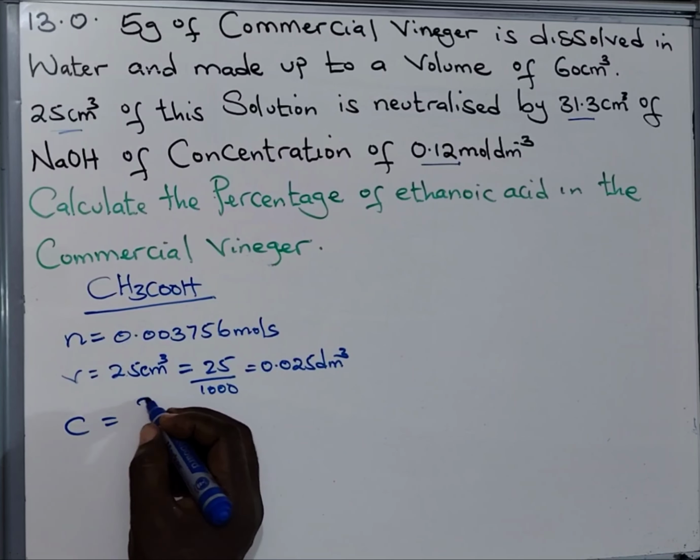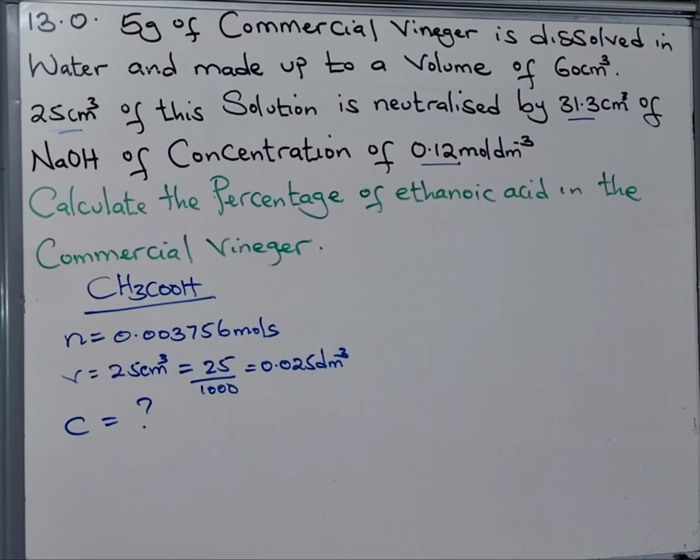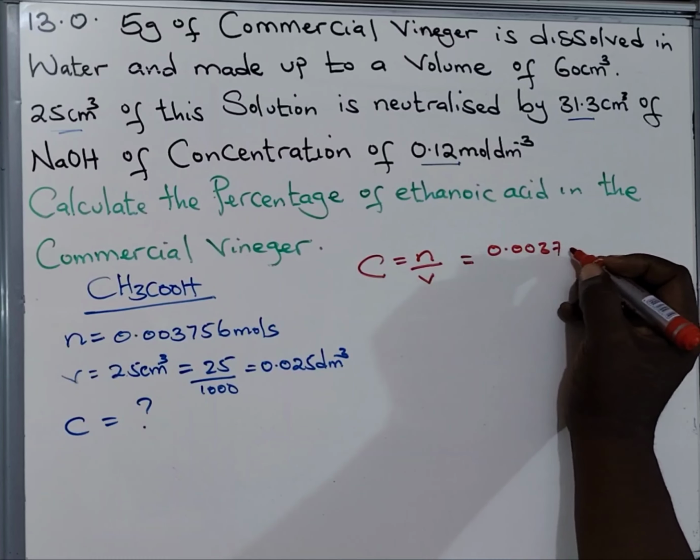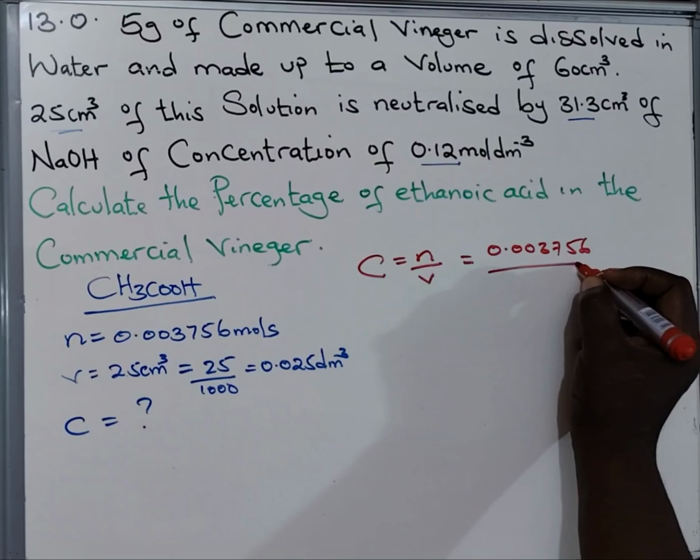Then we look for the concentration. So armed with this information, we quote the formula. The formula says that concentration is equal to number of moles over volume. So what's the number of moles here? It's going to be 0.03756.